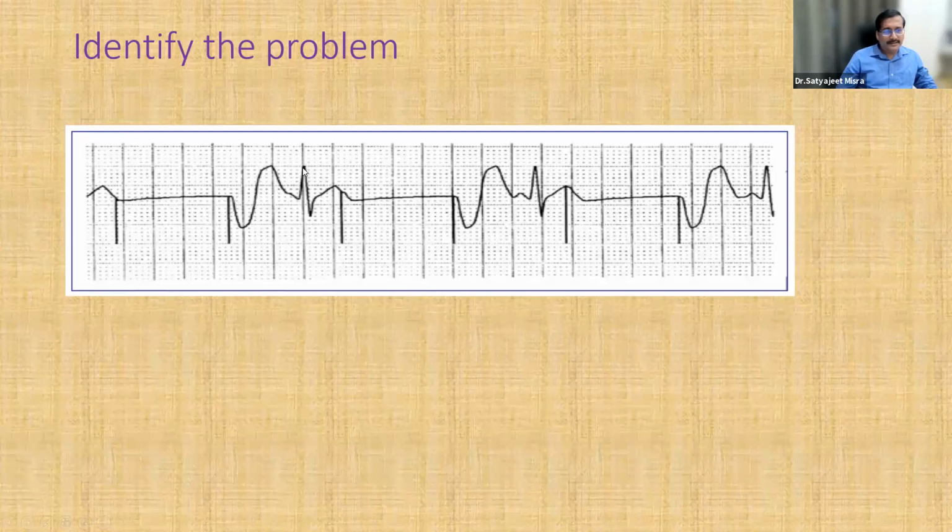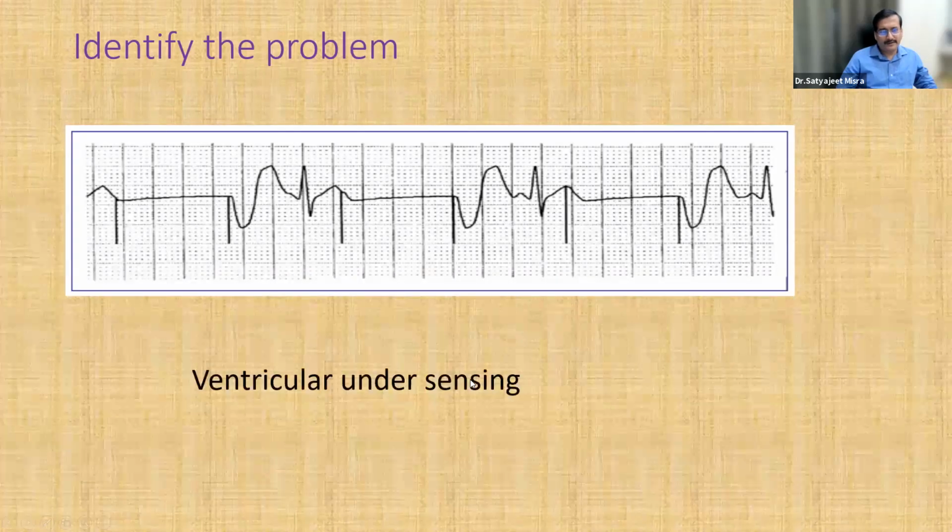Here also there is a QRS complex, but even though there's a P and the QRS complex, a native electrical signal, there's still a pacing spike that falls on the T wave. That means that the pacer is not sensing these QRS complexes properly. So there is undersensing of the QRS complex.